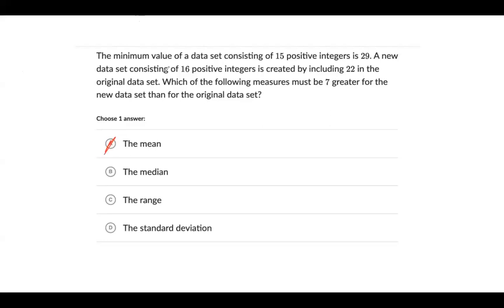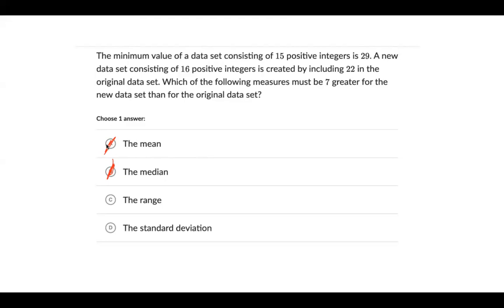There's no way to calculate the mean. B is not the answer because the median of the new data set would have to be 7 greater than the median of the old data set, but because the median of the original data set can't be determined, we can't say B.